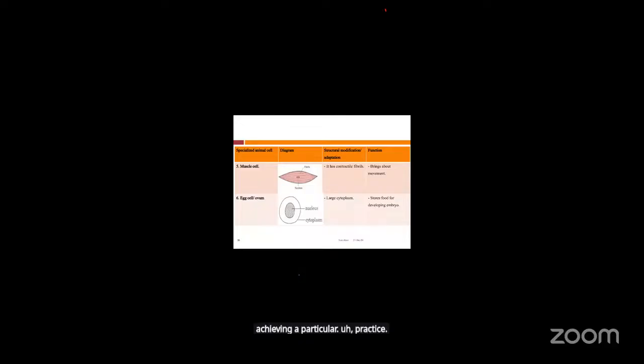Like for example, let's talk about the reproductive system. In males, we have the testes, whose function is to produce sperms. Then we have the epididymis, which stores the produced sperms. Then we have the sperm duct, which passes the sperms.